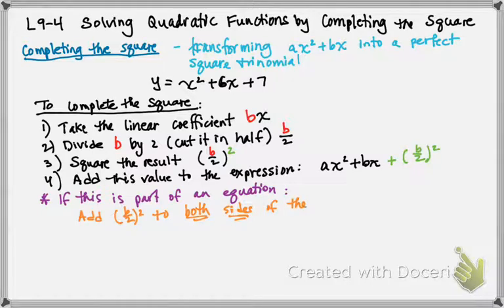Remember, we have to keep the equation balanced. Whatever we do on the left of the equal sign, we do on the right. Okay? So we're going to solve some examples. I'm going to go on to the next page for that.